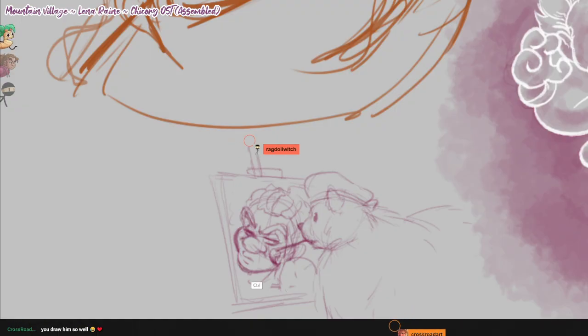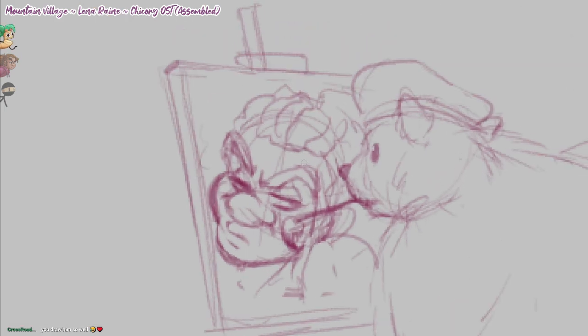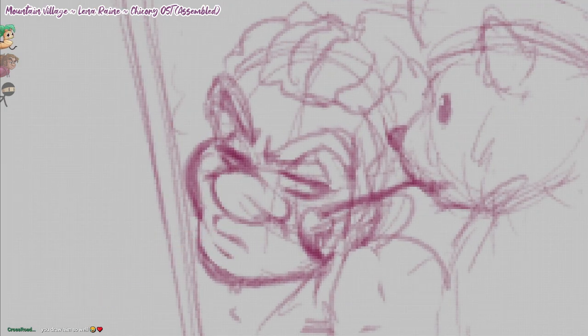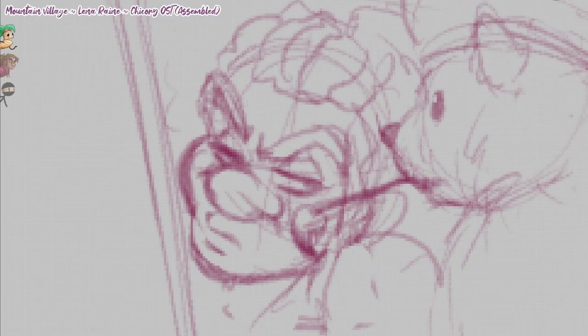Thank you, I mean, this is my second attempt. Deleted the first one. Glad it's at least recognizable. It's the nose. The nose! And get a big schnoz.